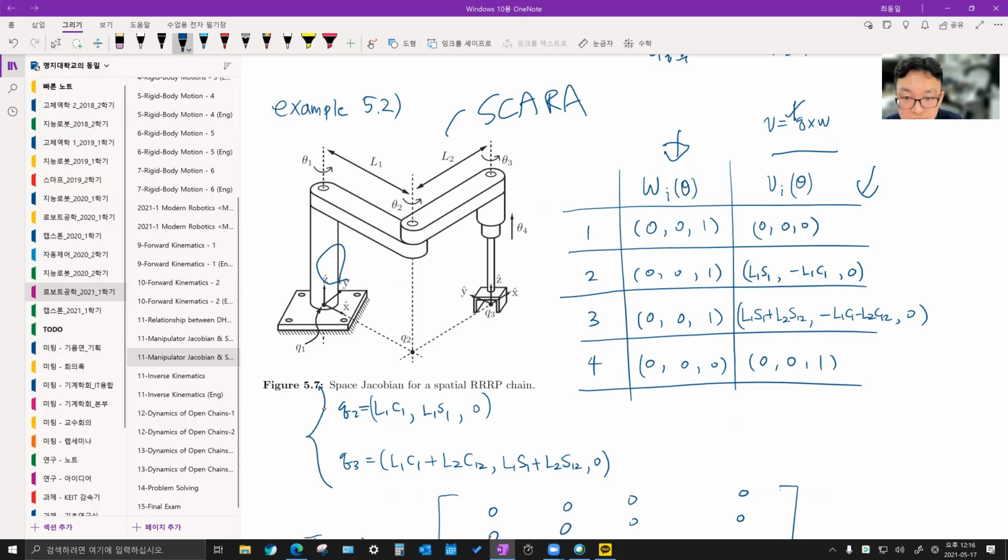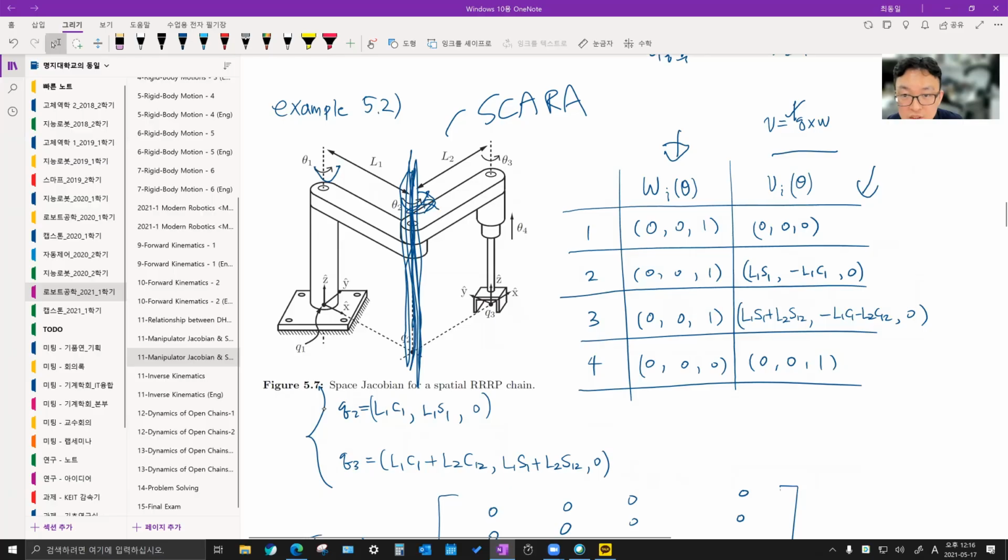So let's find Q1. Actually, Q1 is some point on this axis. So it becomes 0, 0, 0. In case of Q2, it is located along this axis, and this one is rotated by theta 1 and theta 2.